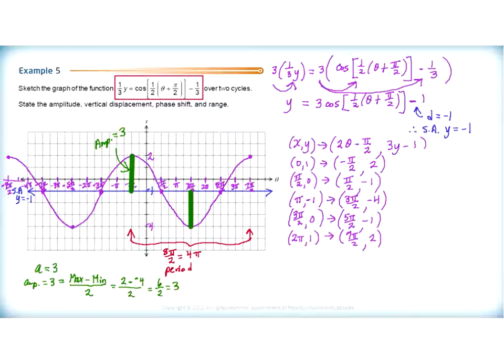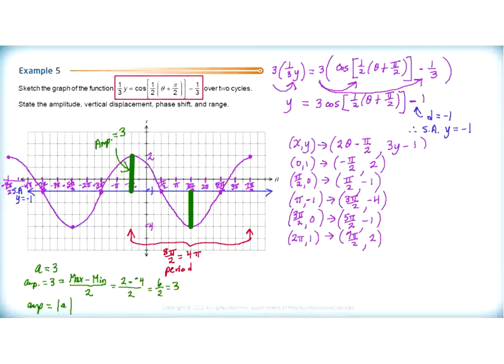So you can use the distance between the sinusoidal axis and a maximum point on the graph, or a minimum point on the graph, to get the amplitude. Or you can use the formula. It's entirely up to you. Or you can recognize even that the absolute value of A is equal to the amplitude. So the amplitude is equal to the absolute value of A of the function.